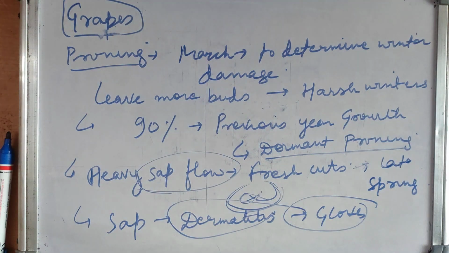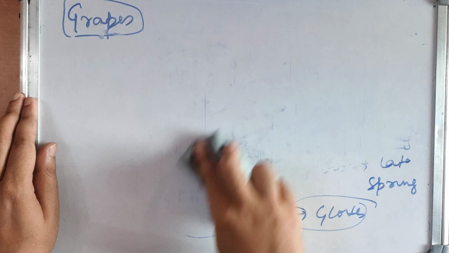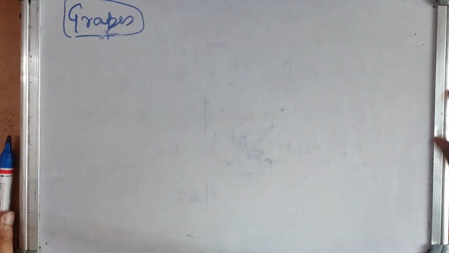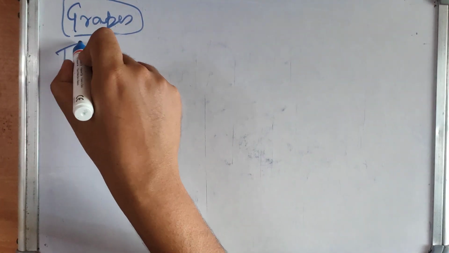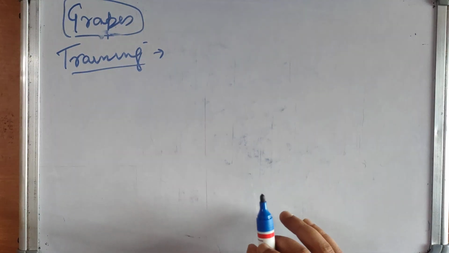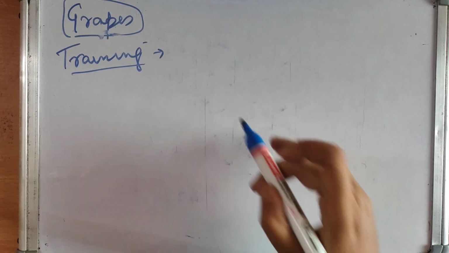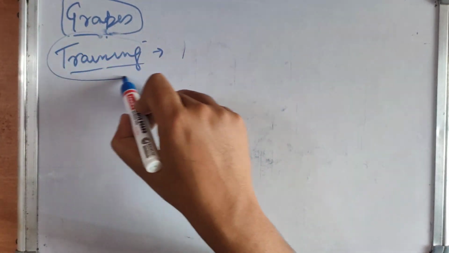Now moving to training. Train grapes to grow on arbors, fences and trellises. What is training? When the plant is young, we need to train it.